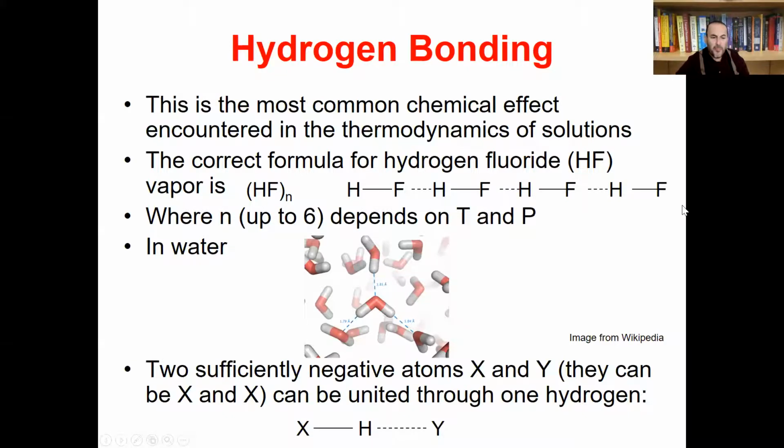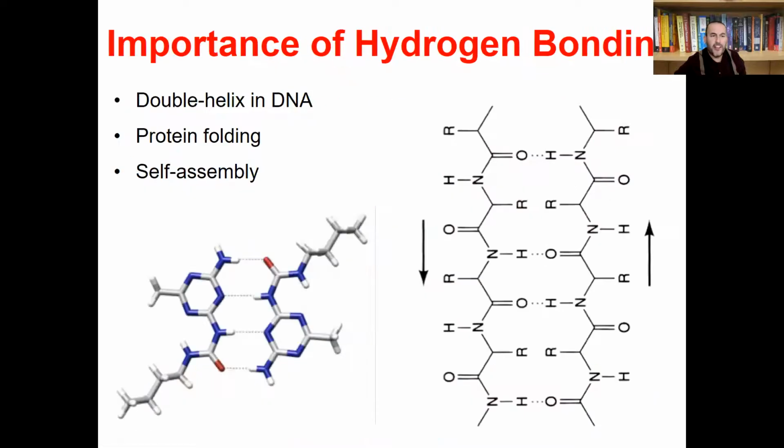As for the importance of hydrogen bonding in nature, our whole DNA depends on the correct positioning through hydrogen bonds. Protein folding, self-assembly of biological molecules: hydrogen bonding is extremely important.